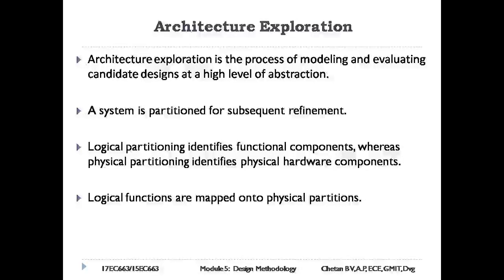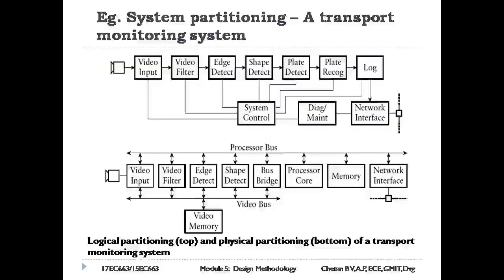Example: system partitioning, a transport monitoring system. Consider a road transport monitoring system that checks whether freight trucks drive from one part of the country to another in too short an interval. Stations on freeways each have a video camera on a gantry over the road.